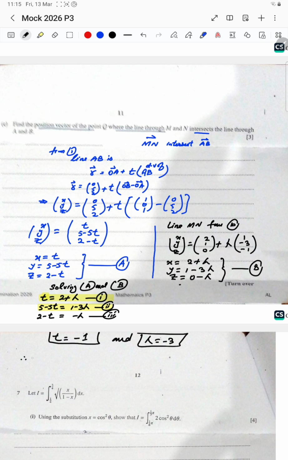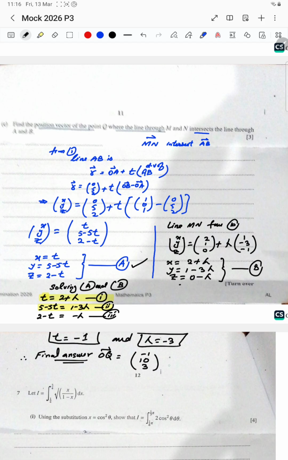So the final answer, OQ: I'm going to replace this in A. I get x as t, which is minus 1, 5 plus 5 is 10, sorry, not 0, and then 2 plus 1 is 3.